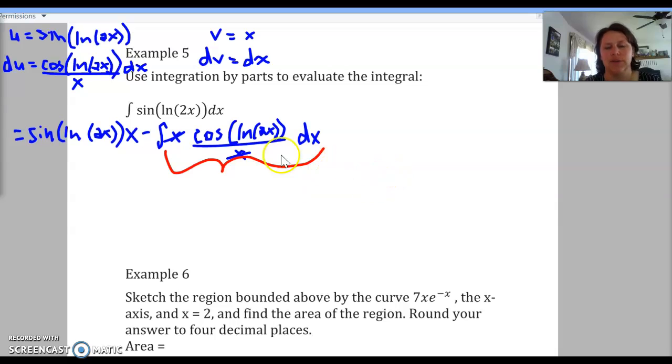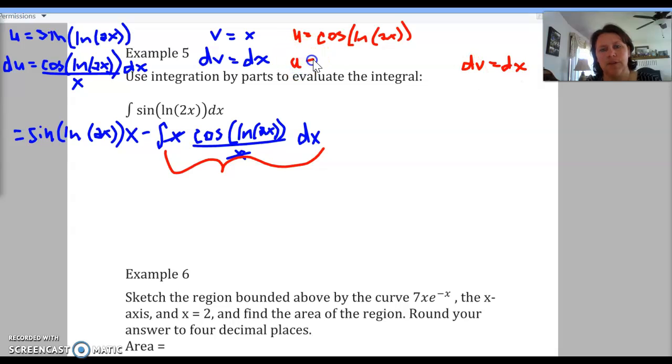watch what's happened. So we're going to do this again. I'm going to do this one in red. So we're going to take this integral again, just what I have there in red, and we're going to say that u equals cosine of natural log of 2x. And then dv is equal to dx, so we're doing the same thing again.